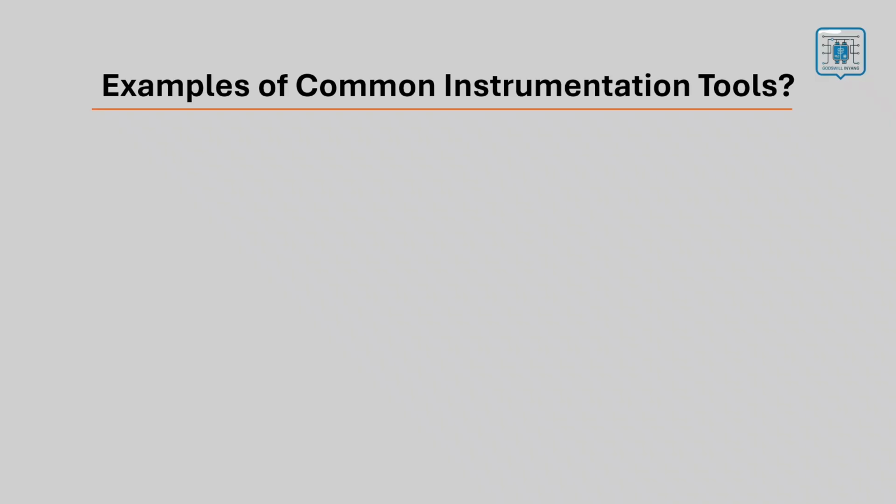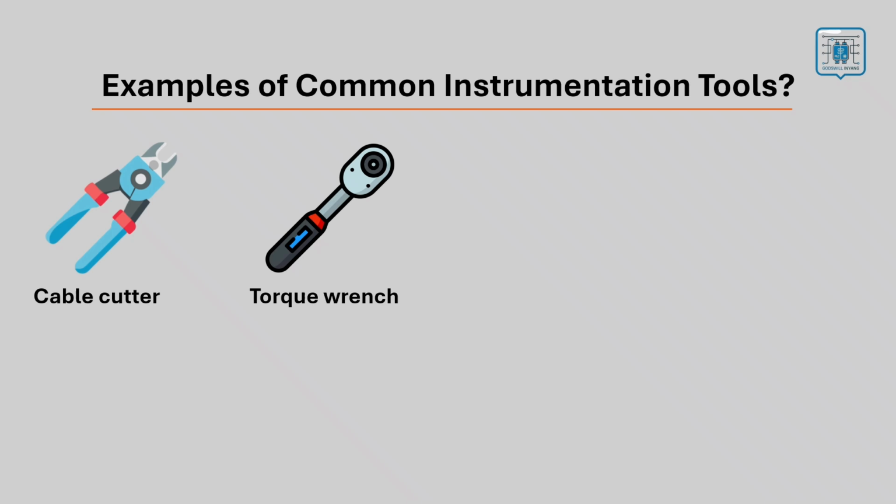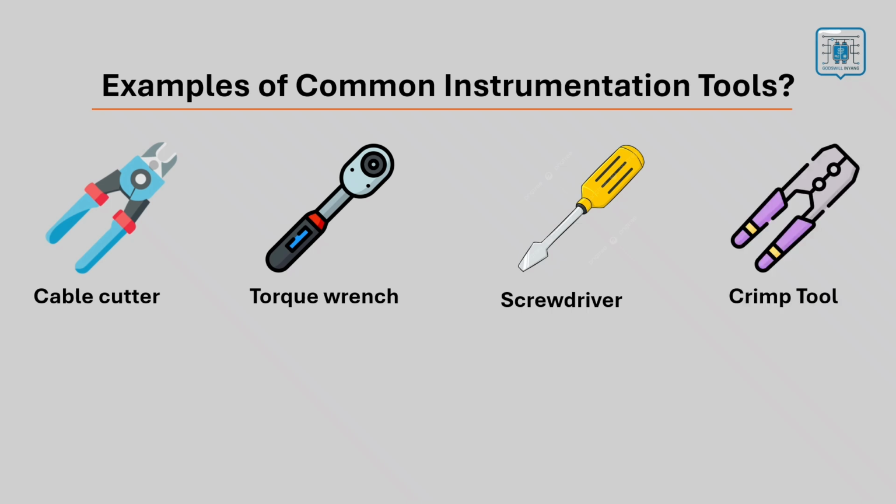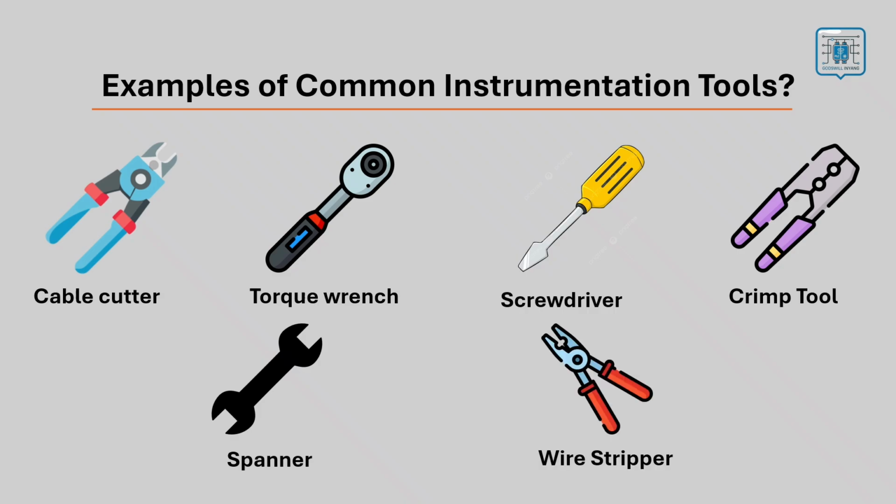Some of the most common tools used by instrumentation technicians include the cable cutter, which is for trimming and preparing wires neatly, the torque wrench, which is used to tighten bolts or connections to a precise force, the screwdriver, which is simple but essential for assembling and disassembling components, the crimp tool, which is used to attach connectors securely to cables, the spanner, which is used for tightening or loosening fittings, and the wire stripper to safely remove insulation without damaging the conductor.